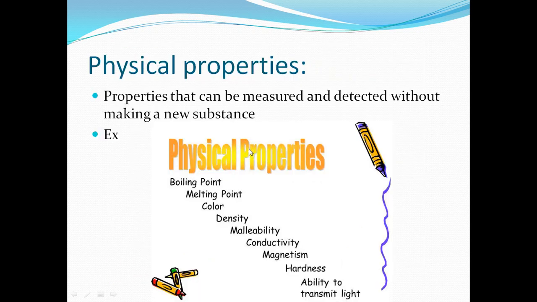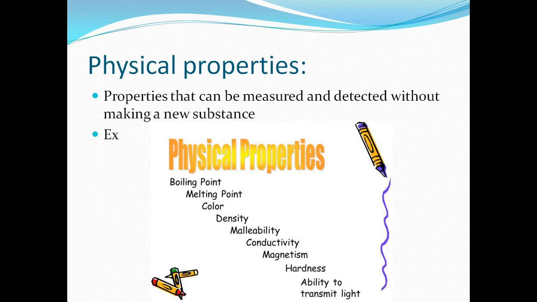Okay, let's know more about the physical properties. What's meant by physical properties? They are the properties that can be measured, like the length of the pencil. What else? The boiling point of the water. Who can tell me what about the boiling point? Yes, 100 degrees Celsius.